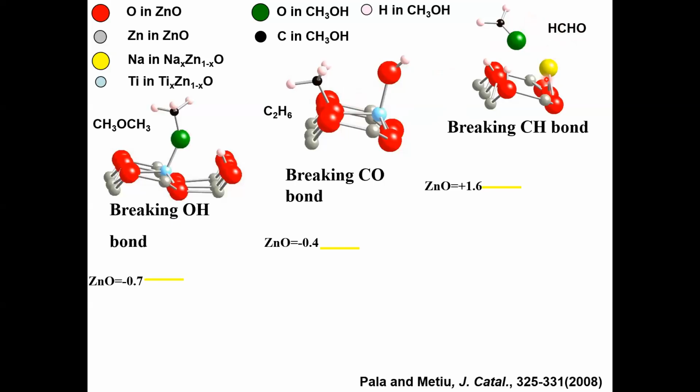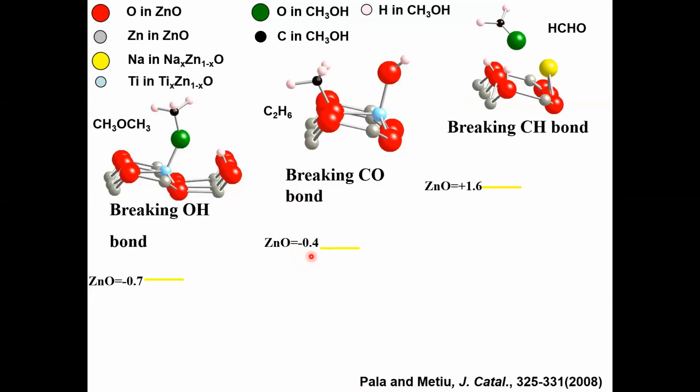So how do I do this computational screening? I first compute the energetics of this bond dissociation in the host oxide. In zinc oxide, the energetics of this pathway is, let's say, negative 0.7. For this pathway, it is negative 0.4.